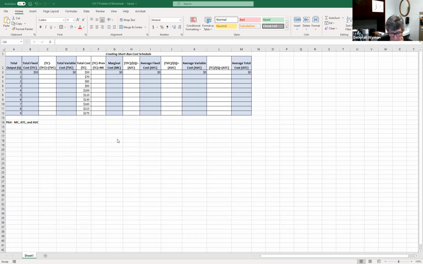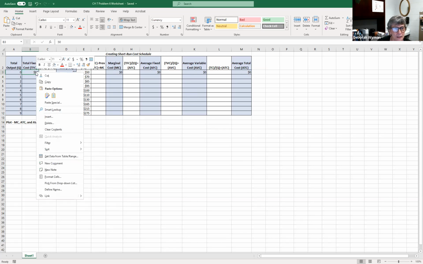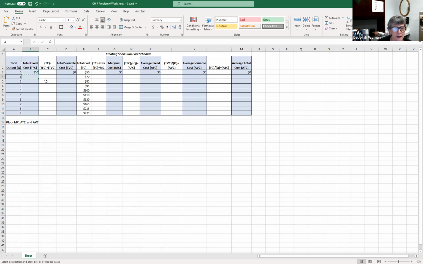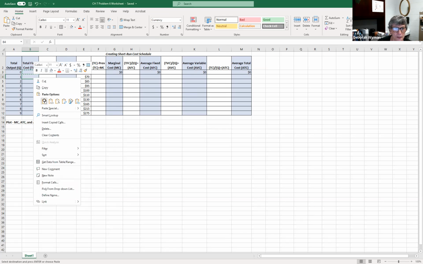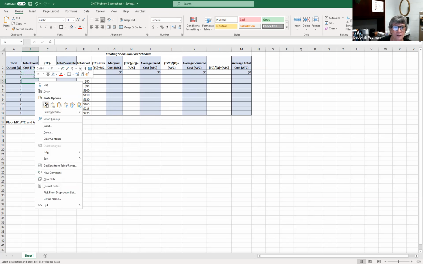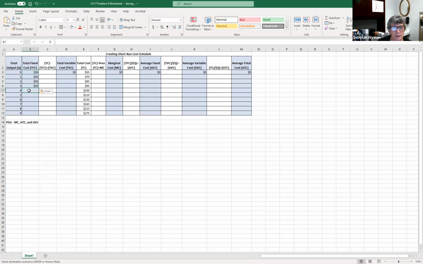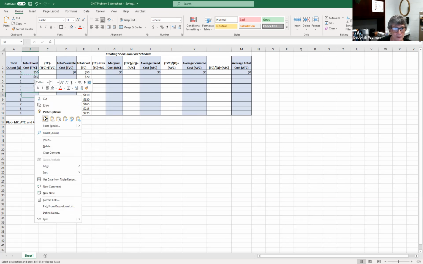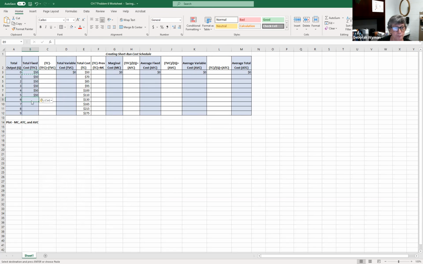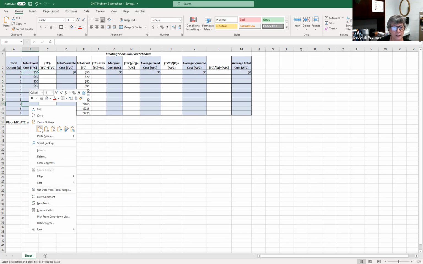The first thing we are looking at is total fixed costs. Fixed costs, we're going to put that on every line because fixed costs do not change with production. What a fixed cost means is that you have to pay that cost even if you make 0 items to sell. It's called fixed.